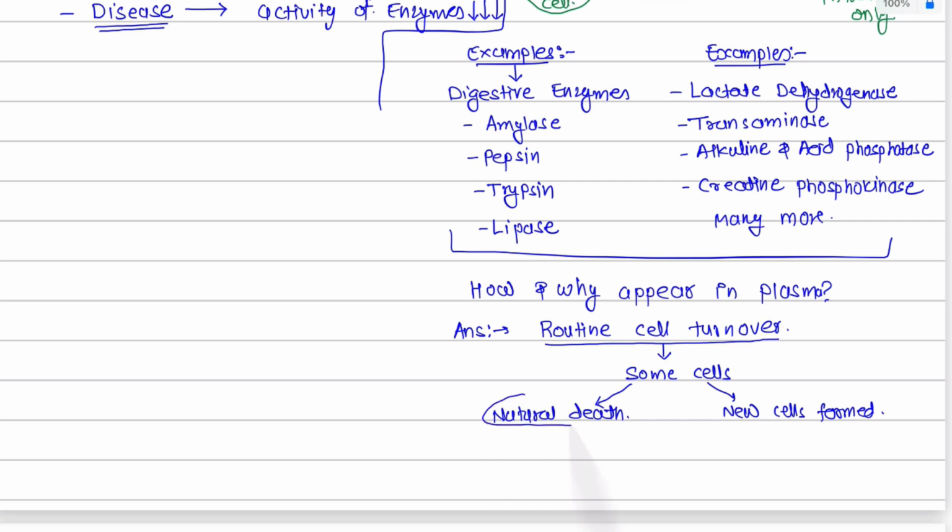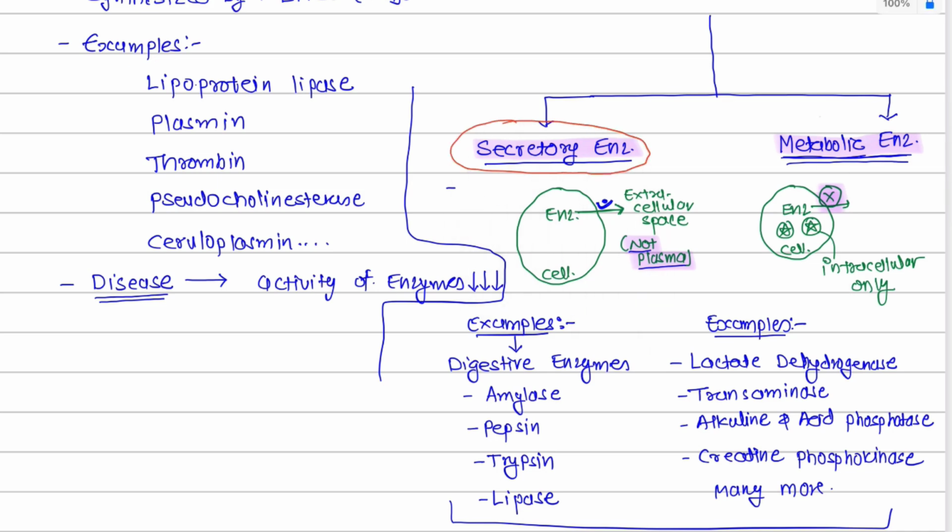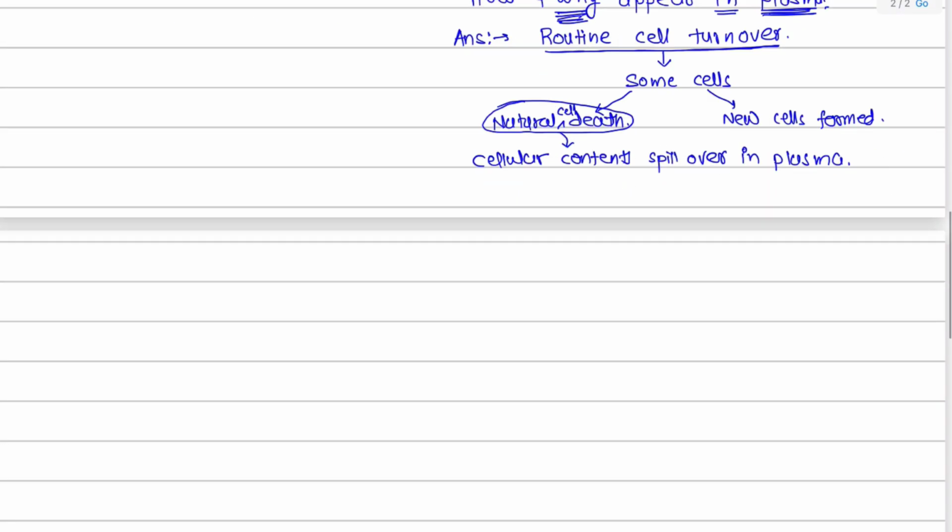Because of this natural cell death, the cellular contents will spill over into the plasma. And that is the exact reason why some minimal or basal amount of these enzymes is present in the plasma.